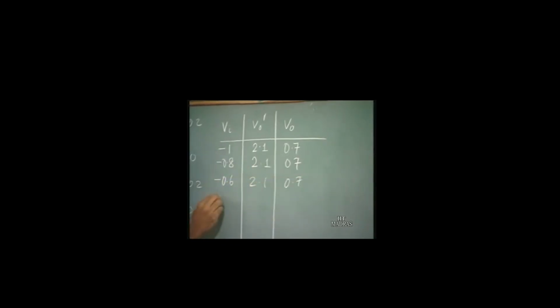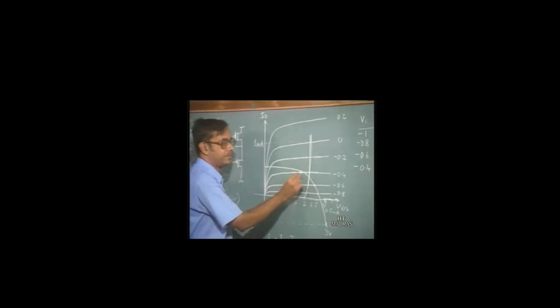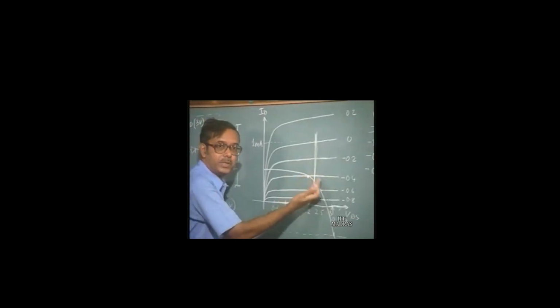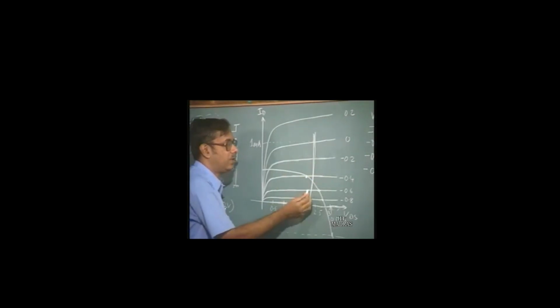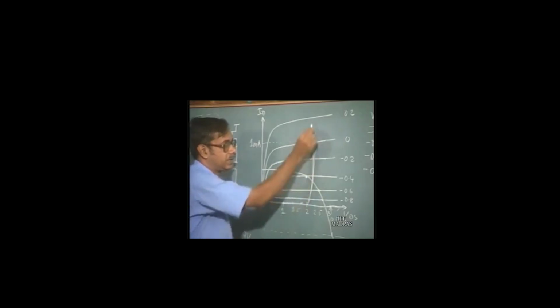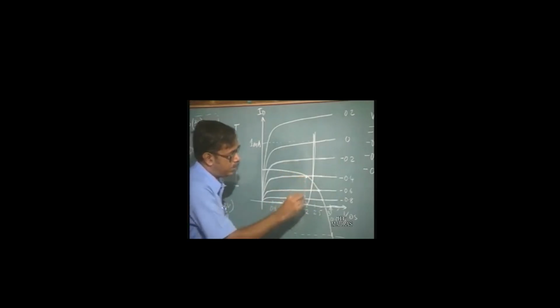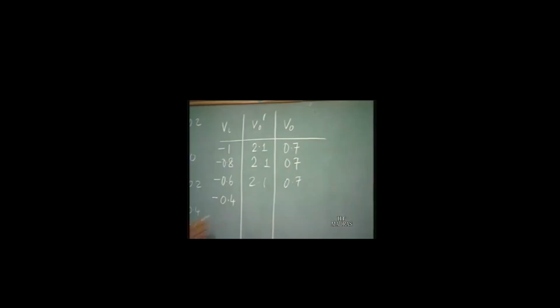Okay. Now, if we go to minus 0.4, let us see, this is minus 0.4 curve. Okay. The point of intersection is here, okay, which is on this side of this curve, okay. So, the output voltage is going to be almost equal to 2 volts, say 1.9 volts.